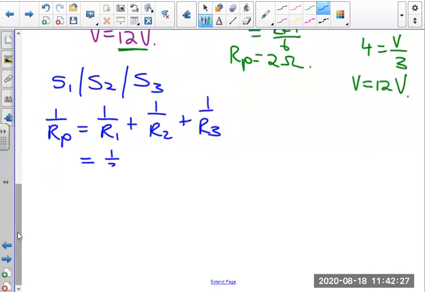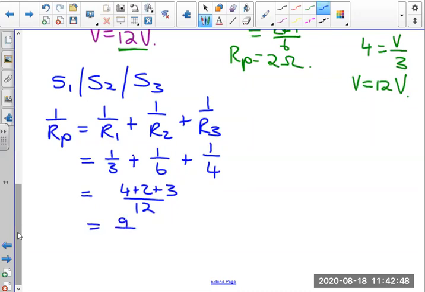So I'm going to say 1 over 3 plus 1 over 6 plus 1 over 4. When I work this out, I'm going to get 4 plus 2 plus 3, so it is going to be 9 over 12, which is 12 over 9. So R parallel equals 12 over 9, which is supposed to give us an answer of 1.33 ohms. That is in parallel.